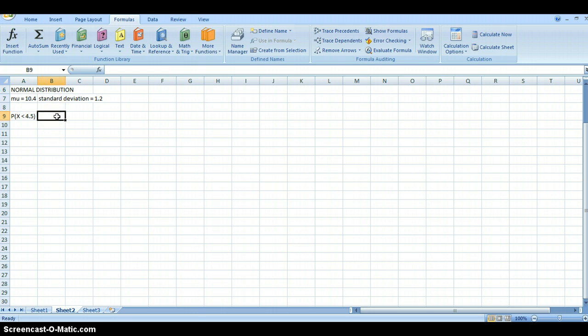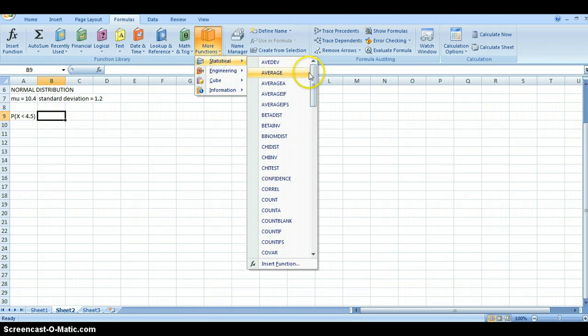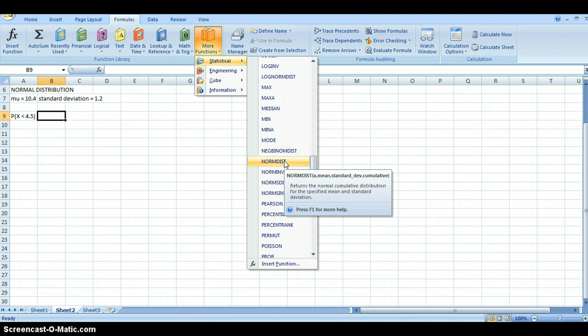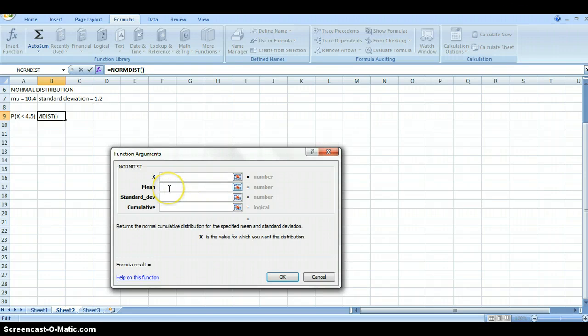So now I'm actually going to add the probabilities in a normal table all the way from 0 to 4.5. Because I'm adding them, I'm going to choose more functions, statistical, and now we're going to scroll down until we see the normal distribution button. So I hit enter, and then it's going to ask me what it wants for these values.